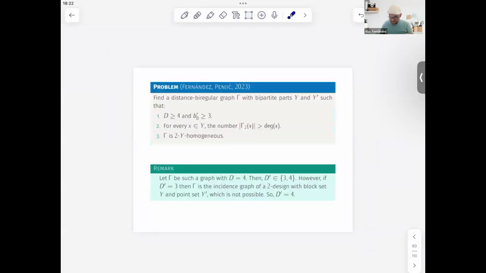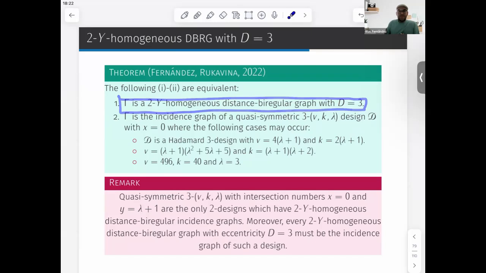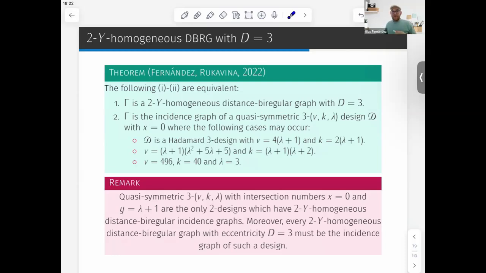And we will have this classification: a graph is a 2-homogeneous distance-biregular graph with vertices of eccentricity d equal to 3 if and only if it is the incidence graph of a quasi-symmetric design with one intersection number equal to 0.